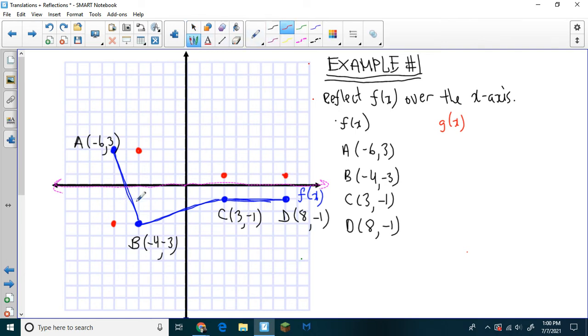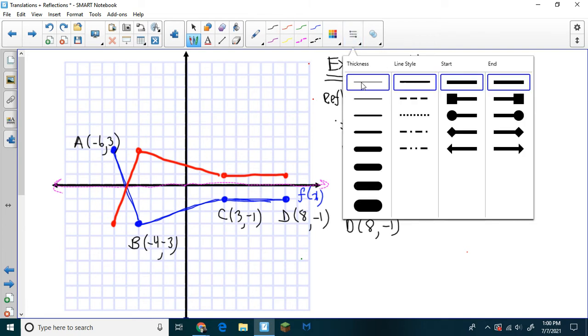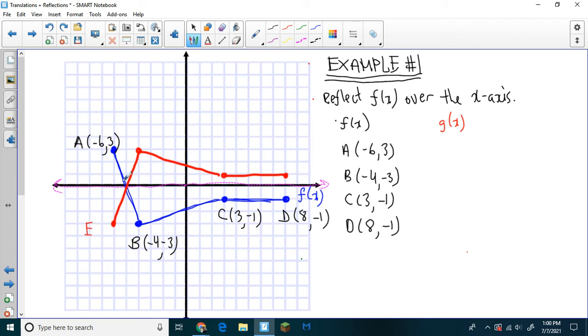And then what I can do is draw myself a nice graph. I'm just going to label these points to illustrate this point. So we have A, B, C, D, E, F, G, and H. So E, it's just going to be the same x value, but the y value is going to be the opposite.